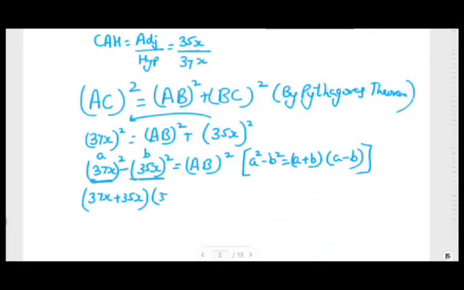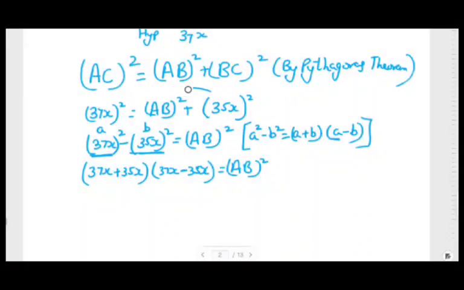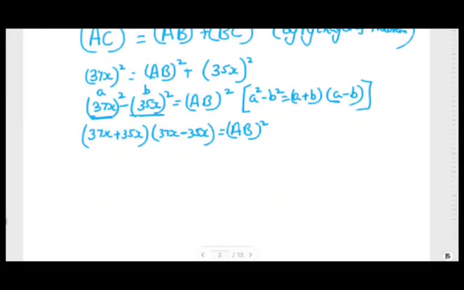Into 37x, that's my a value, minus 35x. That will give me my AB square. Correct? So 37x plus 35x is 72x into 37 minus 35 is 2x. AB square. Correct? So 72 into 2 is 144. x into x is x square, which will give me my AB square.